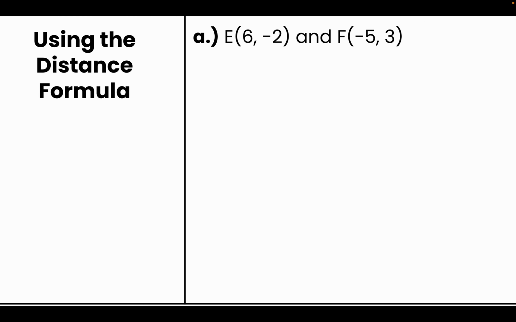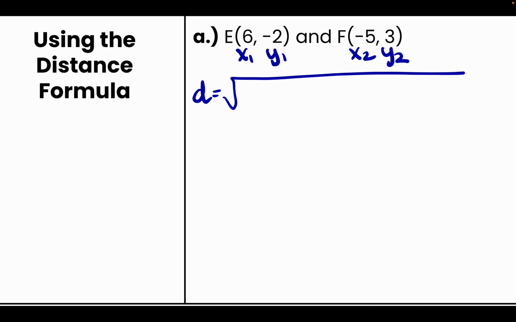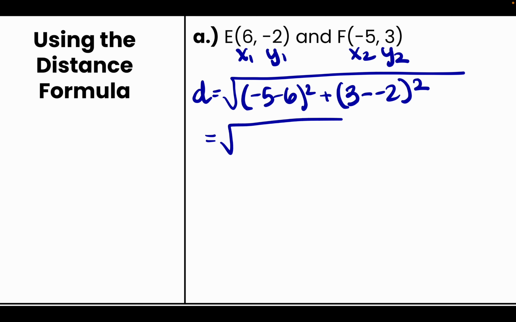So first thing we're going to do is label our points. I like to label them x1, y1, x2, y2. So our distance is equal to the square root. Make sure your square root is long enough, because everything has to be underneath our symbol. So we have -5 minus 6 squared plus 3 minus -2 squared. -5 minus 6 is -11 squared, plus 2 negatives are positive, so plus 5 squared.